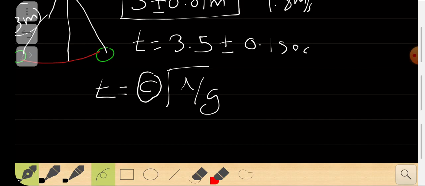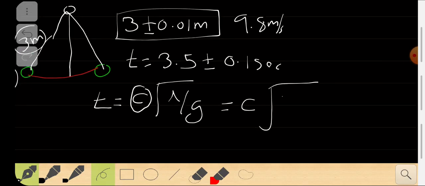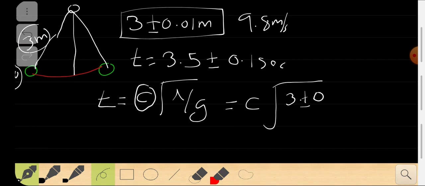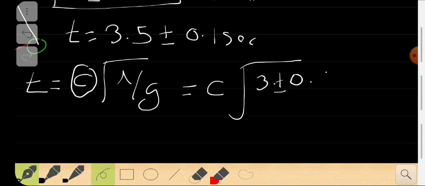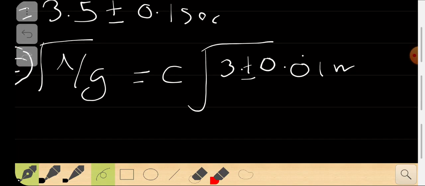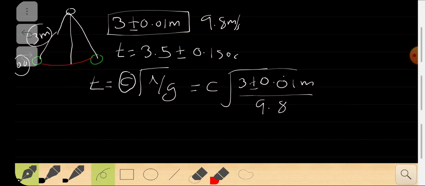For that, first I'm going to substitute the values that I know, which is 3 plus or minus 0.1 meter divided by 9.8, right? So that's the uncertainty right there.